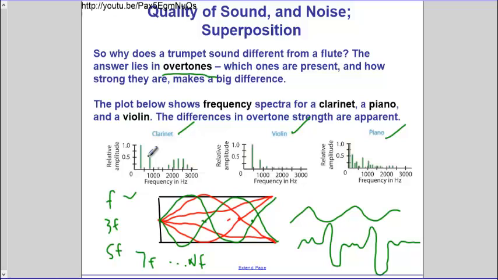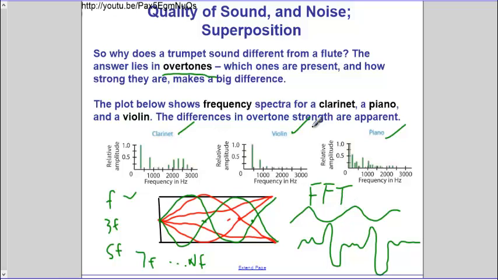Now, the human ear is a wonder of evolution. We're able to pick out these individual frequencies within this frequency spectrum, or this range of frequencies. The human ear can distinguish individual frequencies, but mathematically it's quite difficult to pick out how much of each frequency is present, and math and physics people use what's called a fast Fourier transform or Fourier analysis to take these complex waves and break them into individual sine waves.